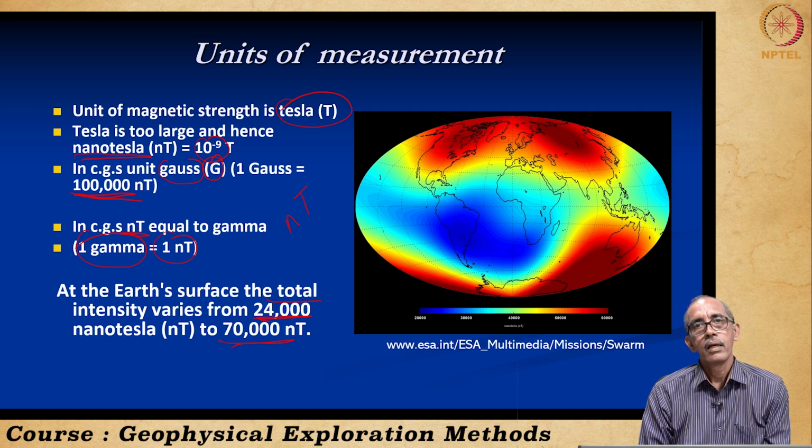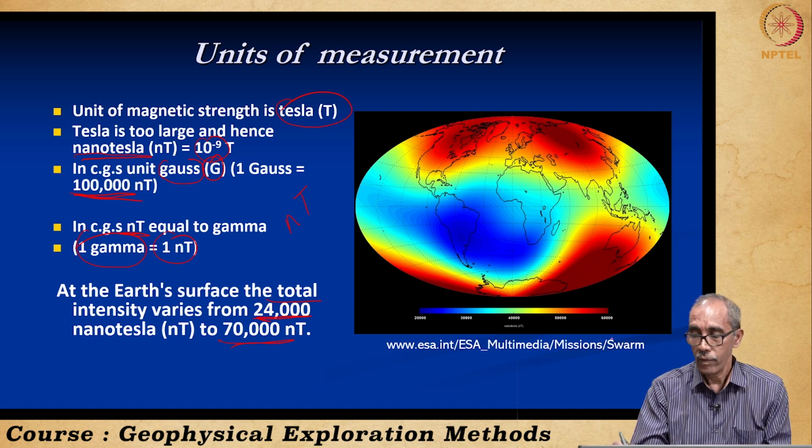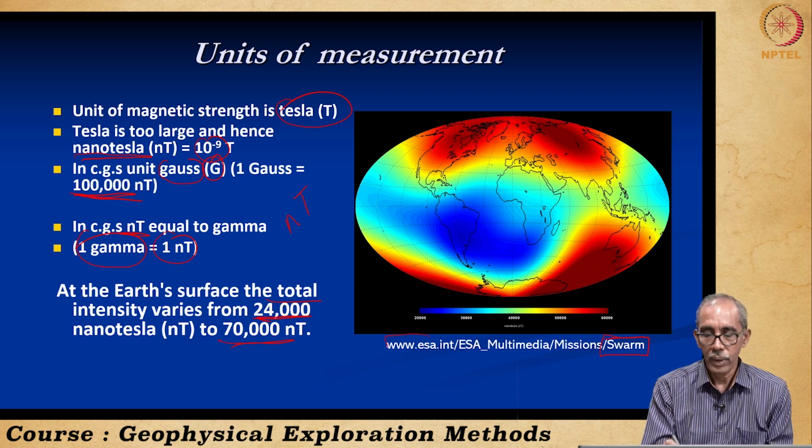Actually, we are continuously monitoring how the Earth's magnetic intensity varies with the help of the Swarm satellite launched by the European Space Agency.